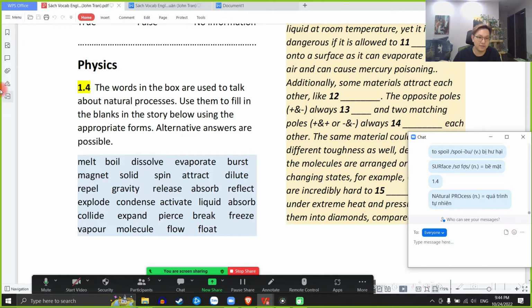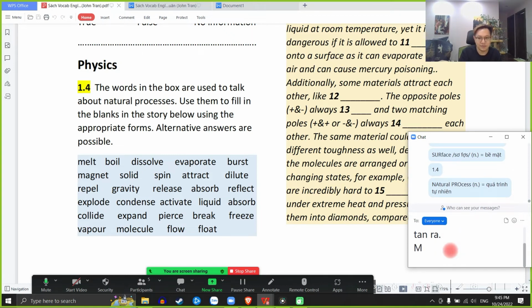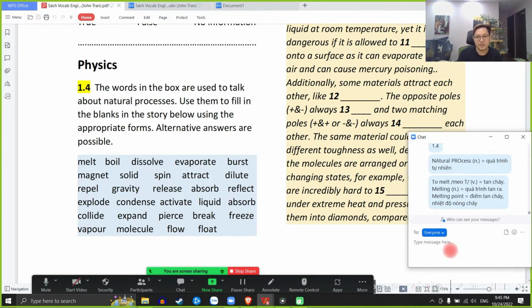Alright, let's start with the first word: to melt. Melt means to liquefy. Melting is the process of melting. Something related to melt is melting point, the temperature at which a substance melts.